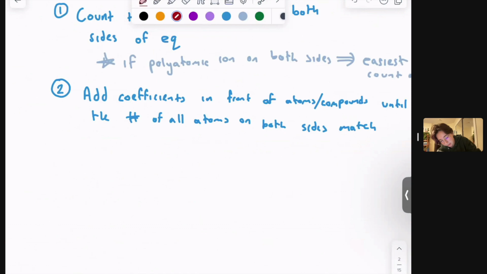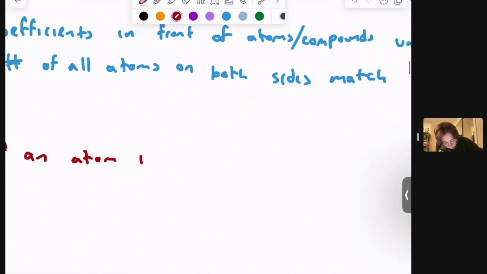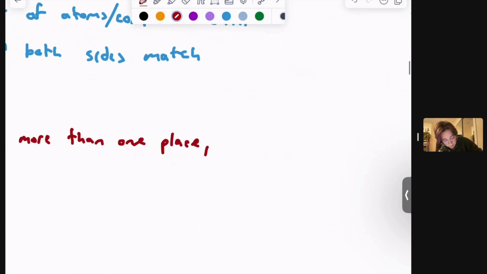A few notes that might be helpful for you in the future as you're doing these. If you ever have an atom in more than one place, balance that last.